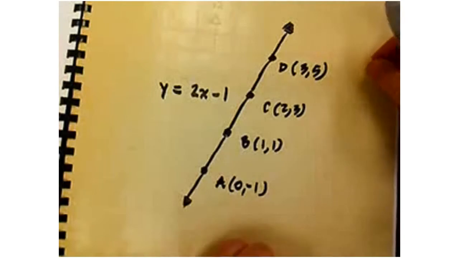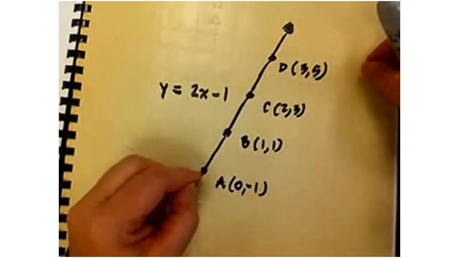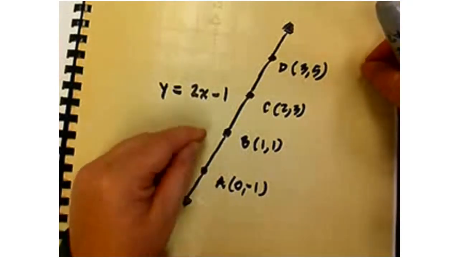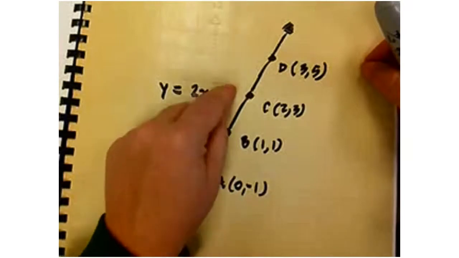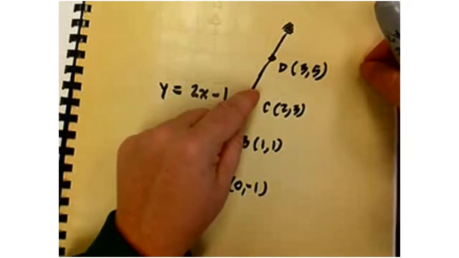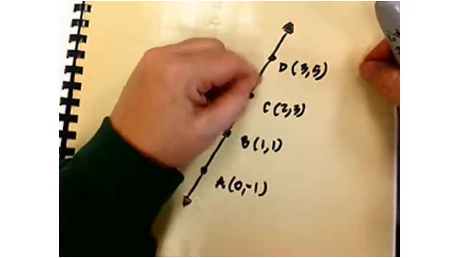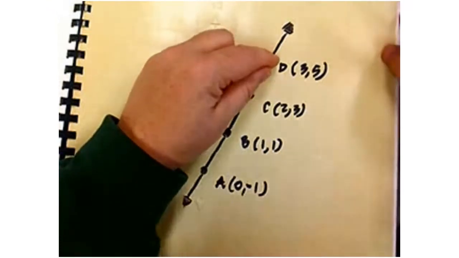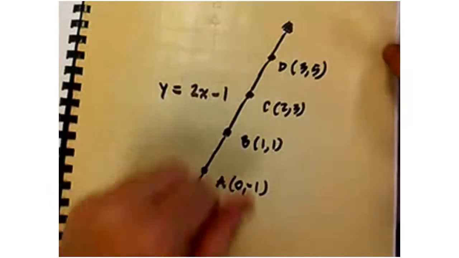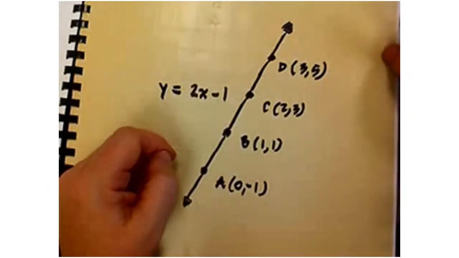The slope is 2 over 1, up 2 over 1. If you started at a point and went up 2 and over 1, you'd get to the next point. From point B, if you went up 2 and over 1 to the right, you'd get to C. From point C, if you went up 2 and over 1, you'd get to point D. So you would have the slope of 2, all right?